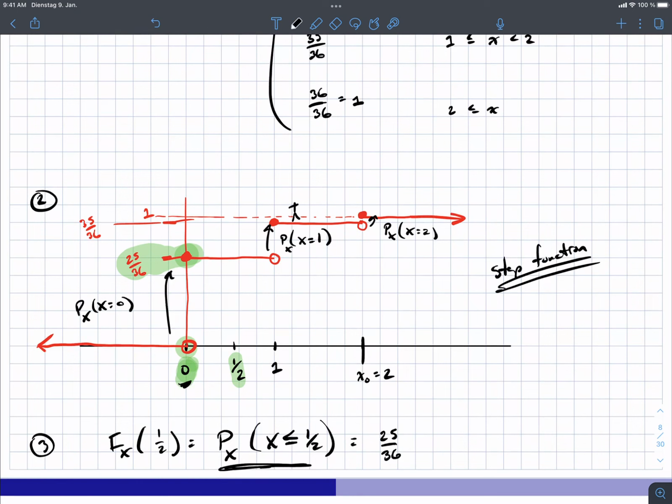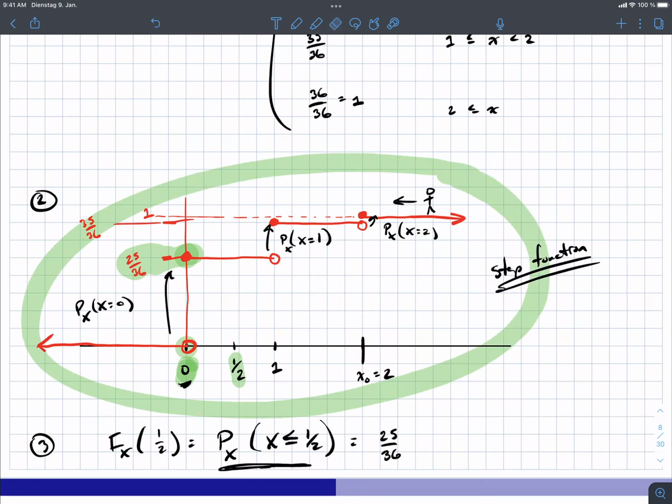If I'm standing right here, I like to draw a little man, and I'm taking the limit of the function as x approaches x2 from the left, the limit is 35 over 36, but the value of the function is 1. But if I take the limit starting above and going to the left, the limit of the function is 1, and the value of the function is also 1. So this function, this is what a right continuous function looks like.